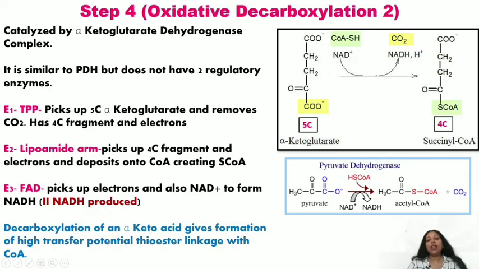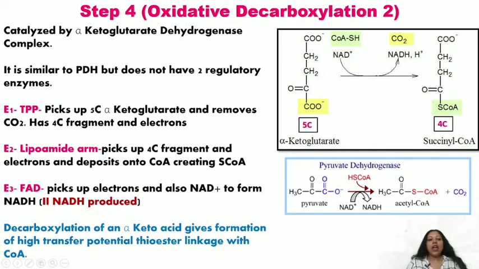Okay. So if you remember the PDH complex components, it has E1, E2 and E3, the three enzymes, or the three catalytic subunits you can say.